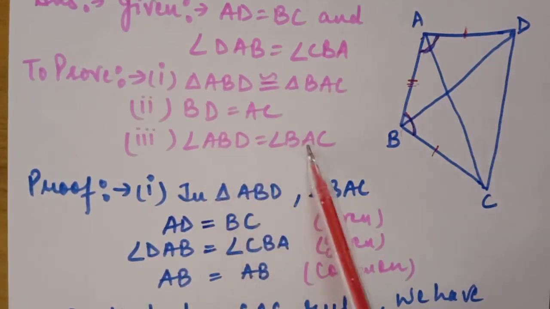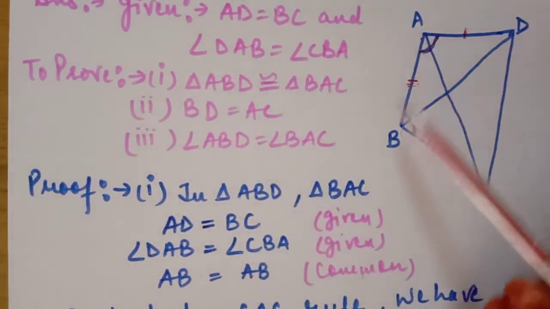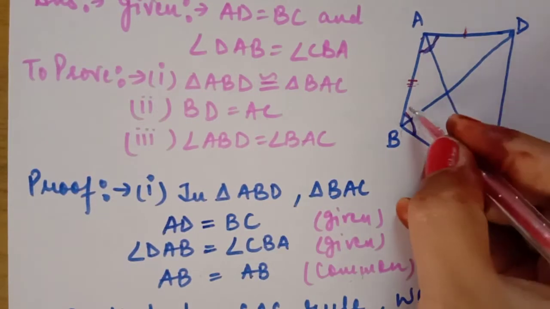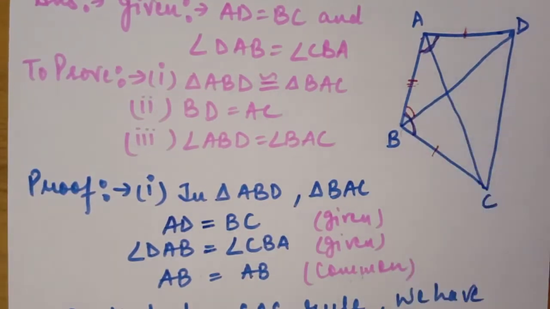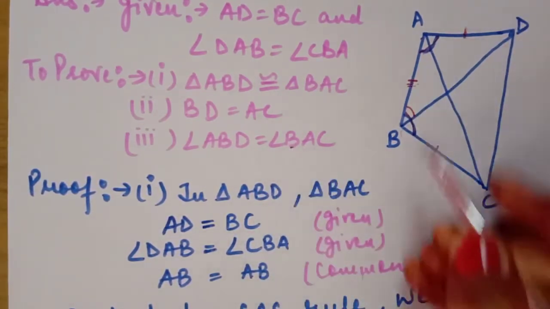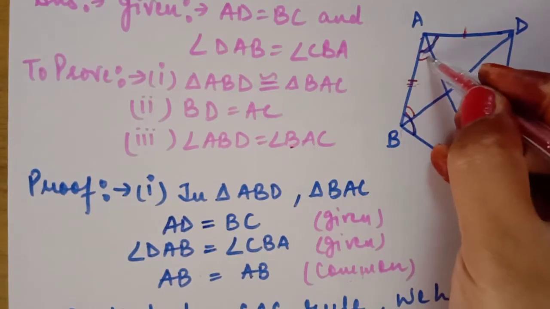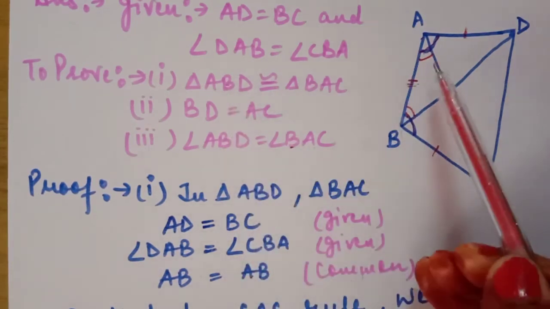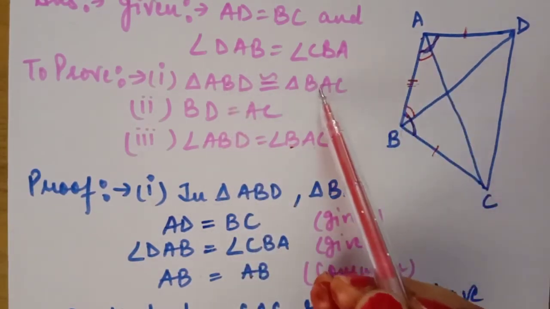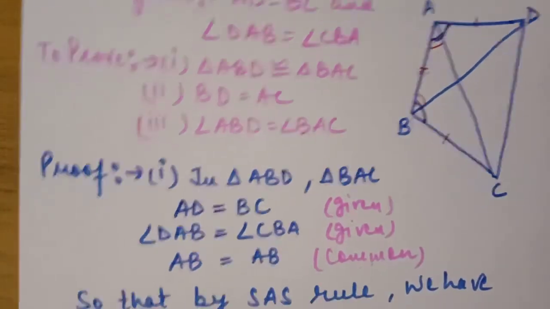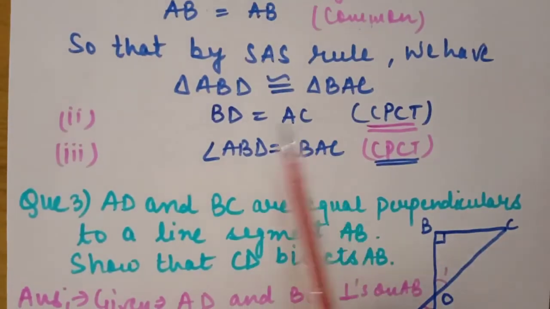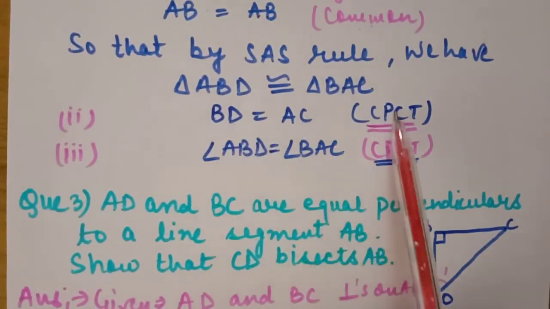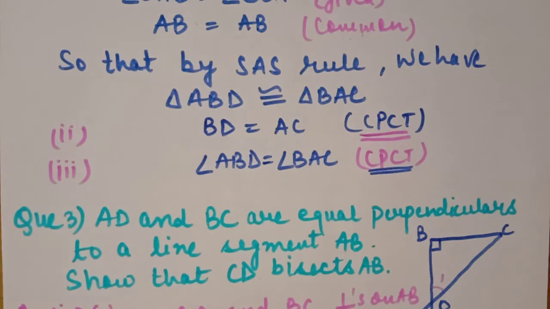And then about these two angles, angle ABD, this small angle, angle 1, and angle BAC, this small angle, one is related to this triangle and the other to that triangle. They are also equal with the same reason, CPCT. So the second and third parts are now equal by CPCT. This is your second question. Now question number third.